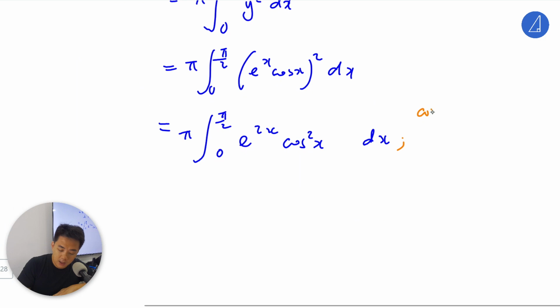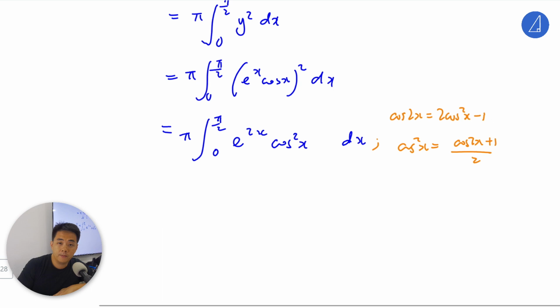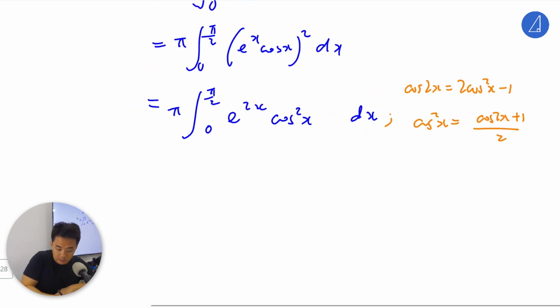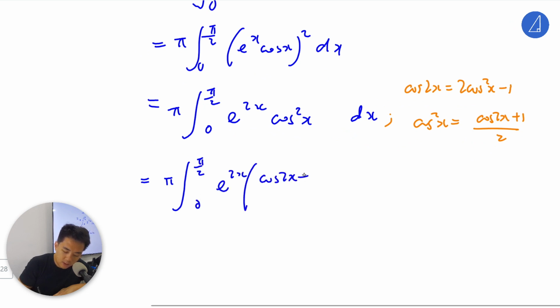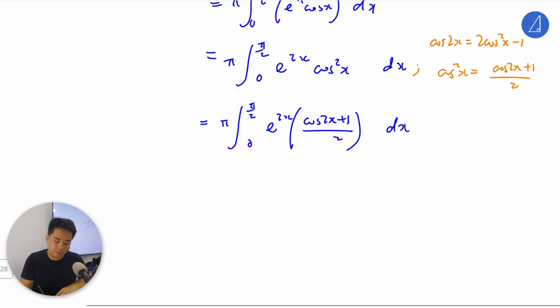So cosine 2x is 2 cosine squared x minus 1. So cosine squared x equals cosine 2x plus 1 divided by 2. I'm going to just use this. Pi over 2, 0, e^2x times cosine 2x plus 1, dx. Expand it.